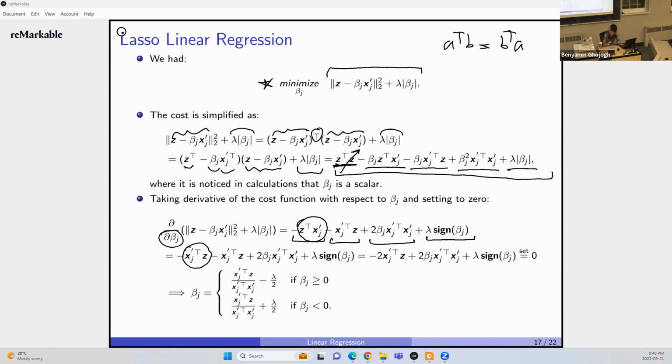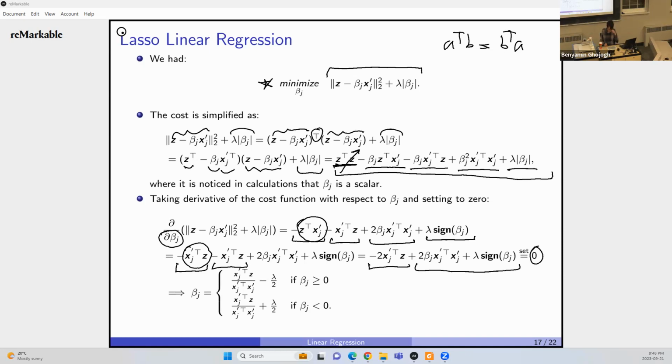Okay? So far clear? Now what happens? These two are equivalent, so it becomes minus 2 of these. And the rest as before, set it to 0. We took derivative, set it to 0, as in high school. Okay. This is a scalar 0, right?